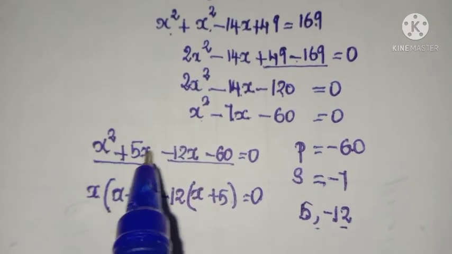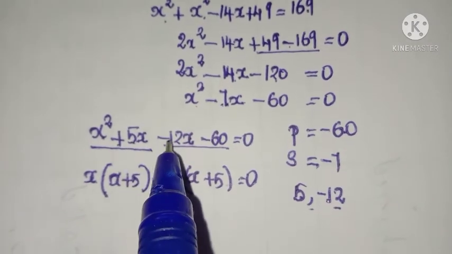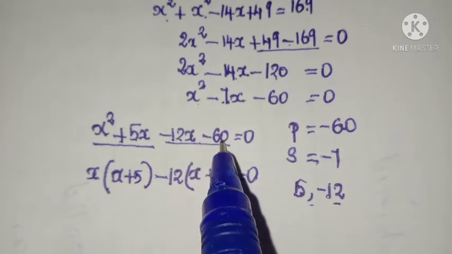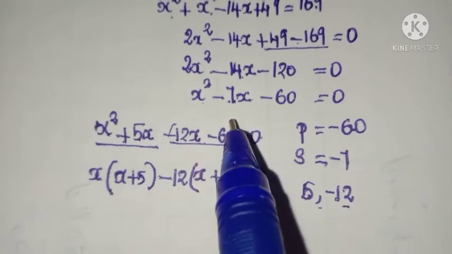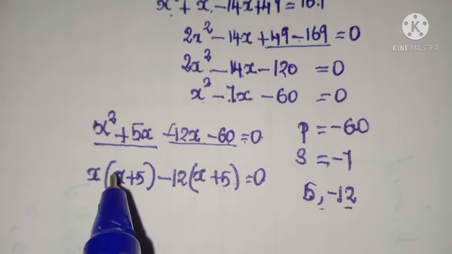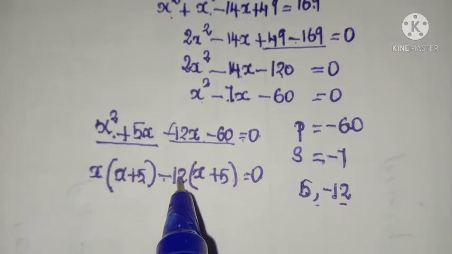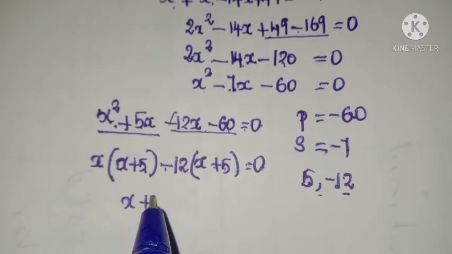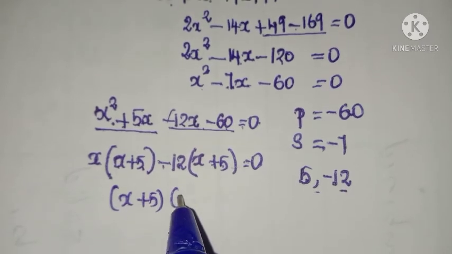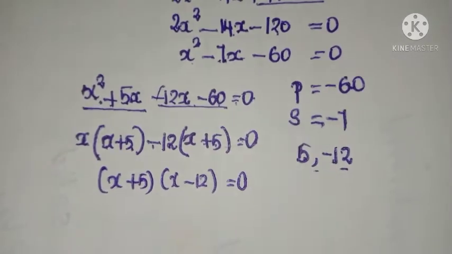Using these numbers 5 and minus 12, split the middle term: x square plus 5x minus 12x minus 60 equal to 0. Now associate these two terms together and take the common factor. We get x into x plus 5 minus 12 into x plus 5 equal to 0, or x plus 5 into x minus 12 equal to 0.